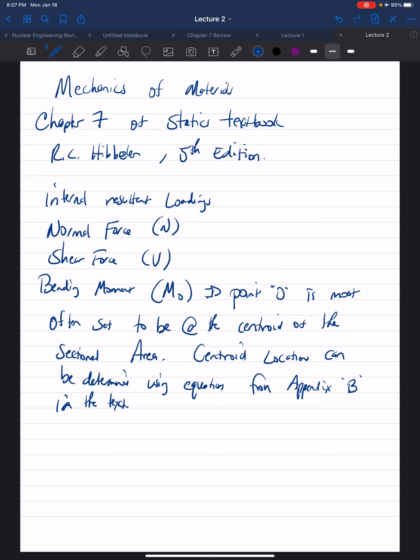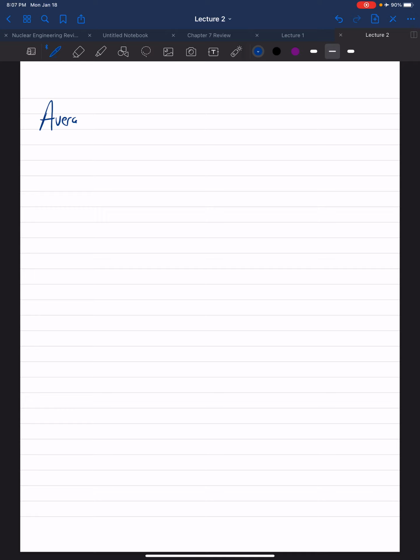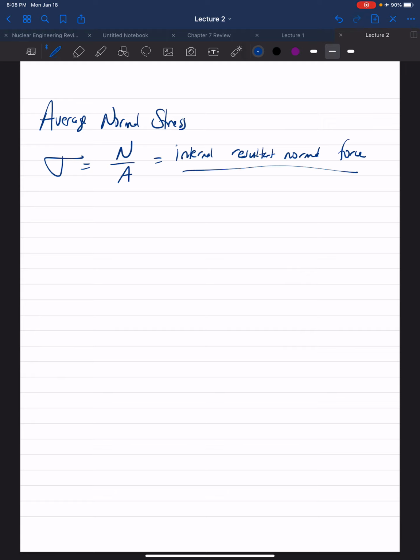Then we talked about stress and strains. We talked about average normal stress, where N is the internal resultant normal force, and A is the cross-sectional area.